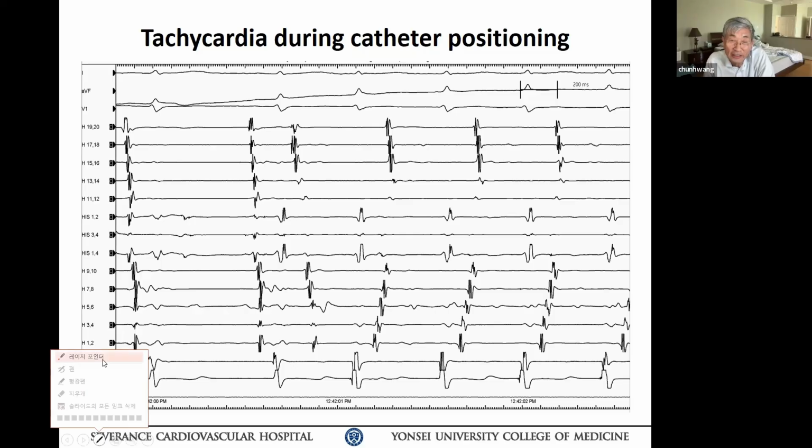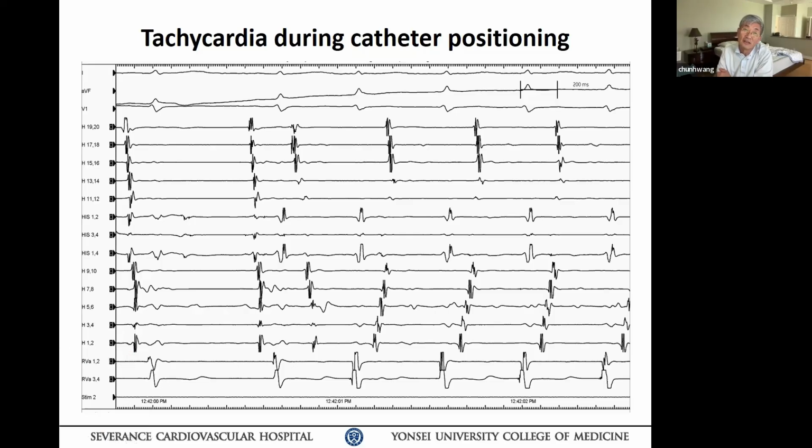So how can you say this is eccentric activation? What does that mean? This already tells you there are two retrograde atrial activations in this patient. So you should look at the tracing very carefully.